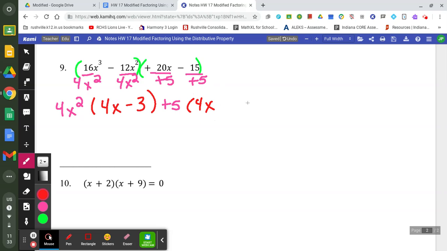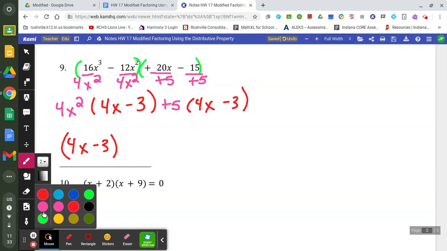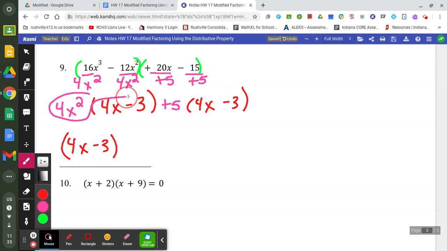Negative 15 divided by 5, negative 3. Again, my parentheses match, so that's good. 4x minus 3. And then everything that's left over here in pink, so 4x squared plus 5. And that's my final answer.